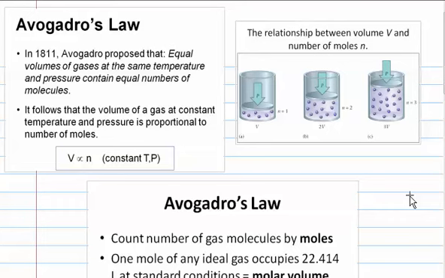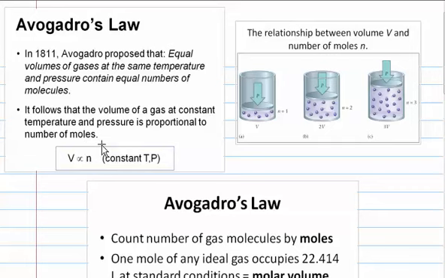Or another way to say that is that the volume of a gas at a constant temperature and pressure is dependent on the number of moles of gas. So the volume is proportional to n, the number of moles.